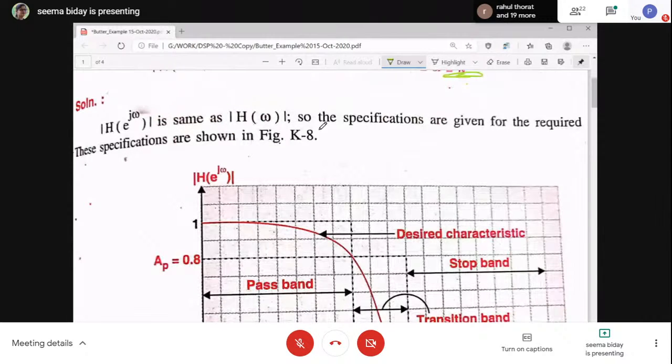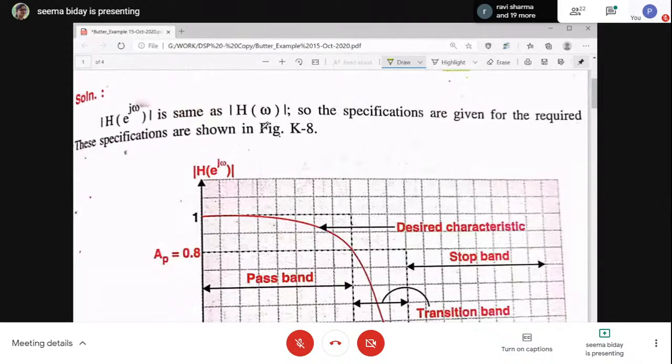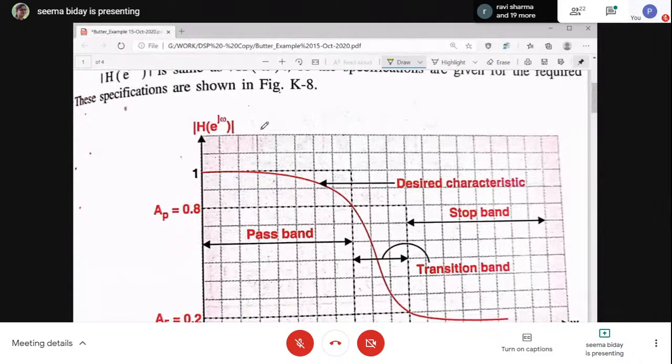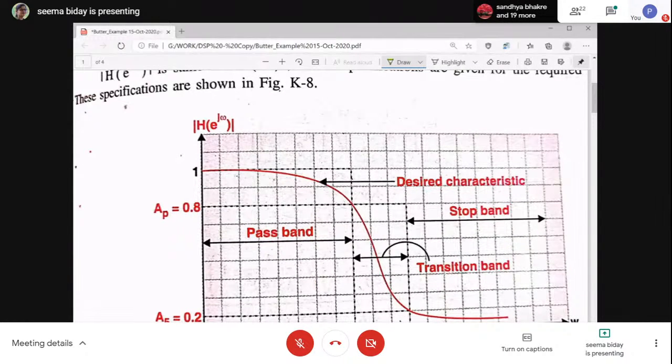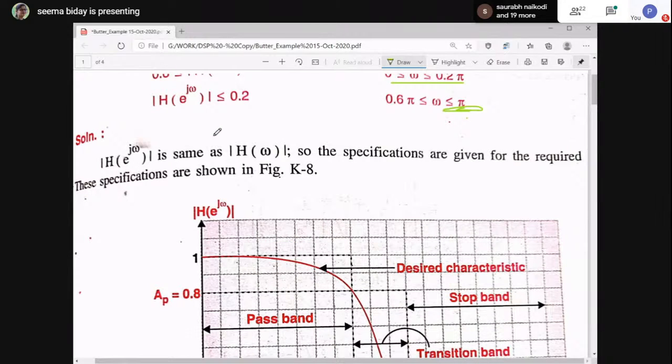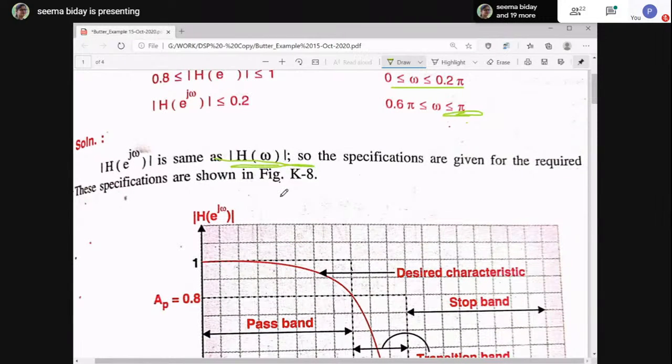Now, from the given data, you can draw the frequency response which is required, H of e^jω, which is the same as H of ω, the magnitude response.